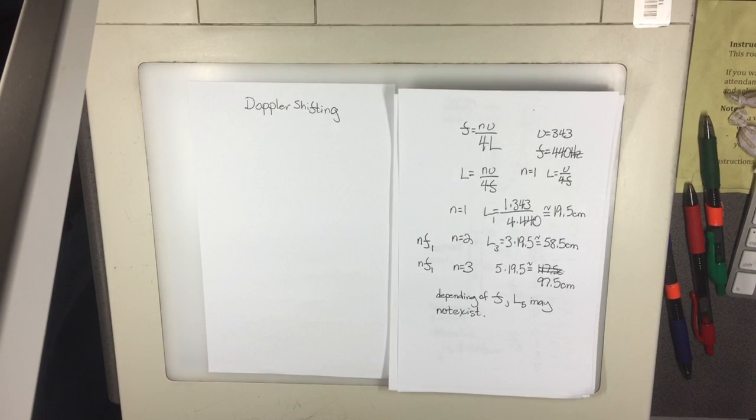Doppler shifting is you hearing a sound that changes depending on your relationship with a sound source and the motion of you and the sound source. There are derivations to this. We're not going to bother with it.